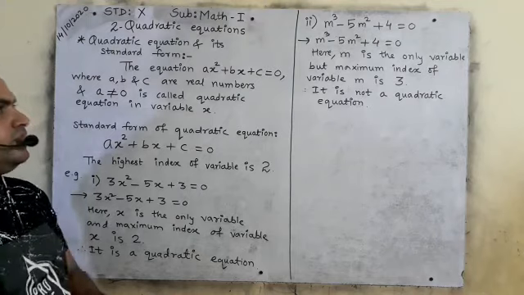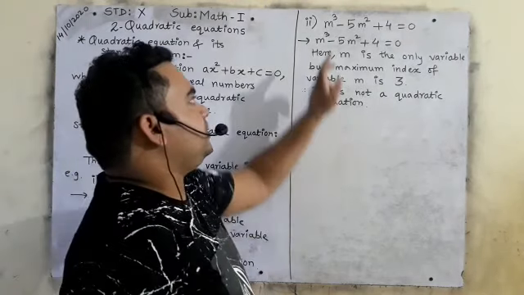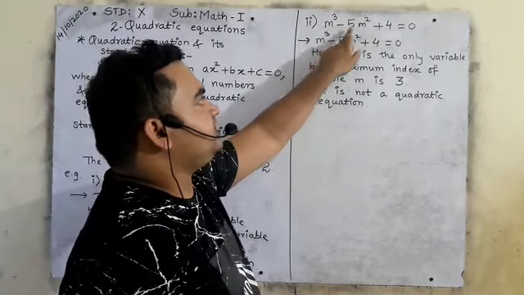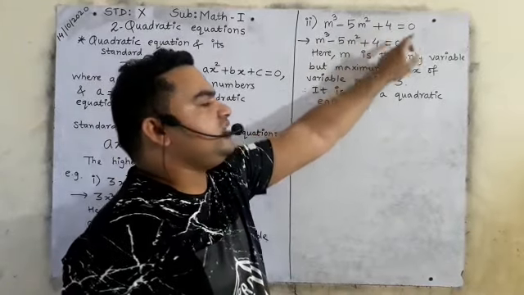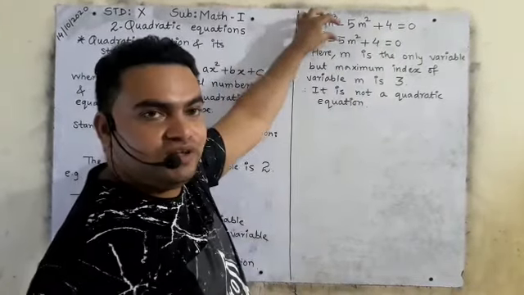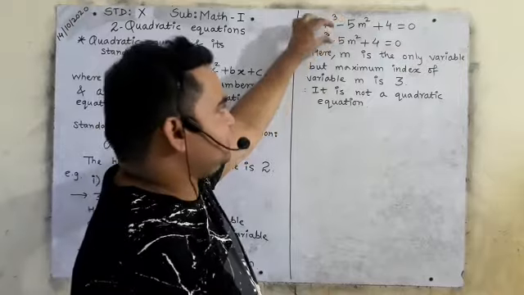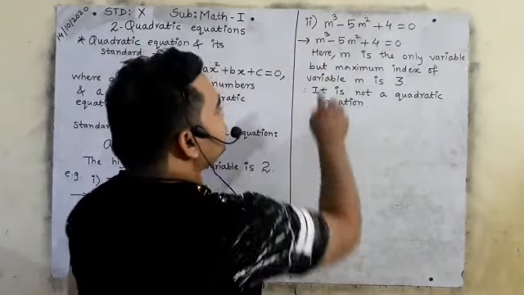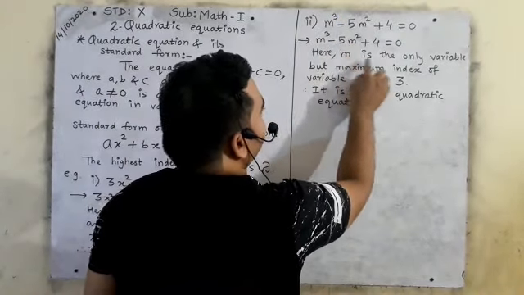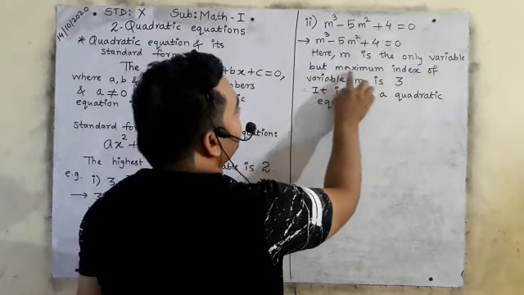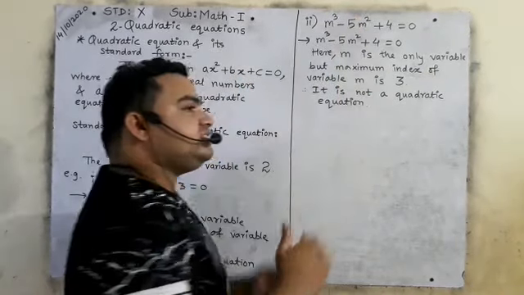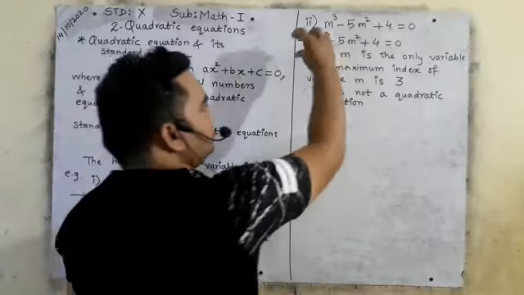Is it clear? Now look at another example. m raised to cube minus 5m square plus 4 is equals to 0. It is an equation. But which variable is used here? m is the only variable, but what is the highest index in this given equation?